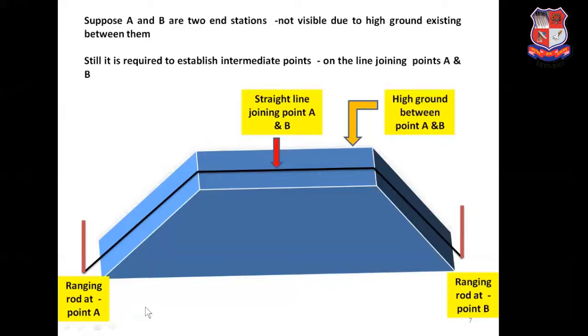This is my station A and station B, which are located on the opposite sides of this obstacle. From A, B is not visible, and from B, A is not visible. Still, it is required to establish intermediate points on the line joining A and B. We have to perform the indirect ranging process or reciprocal ranging process.